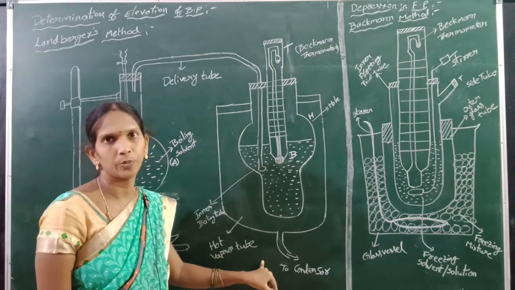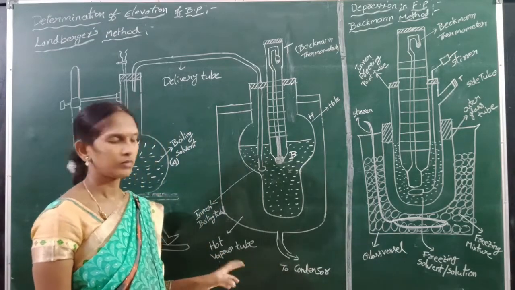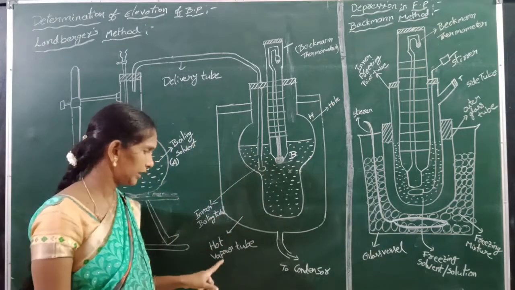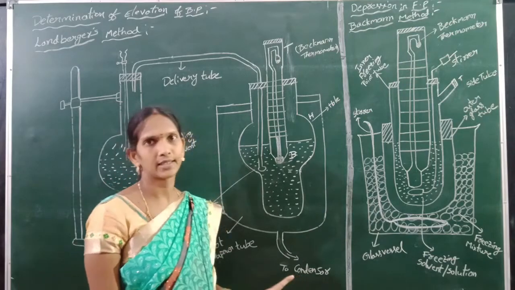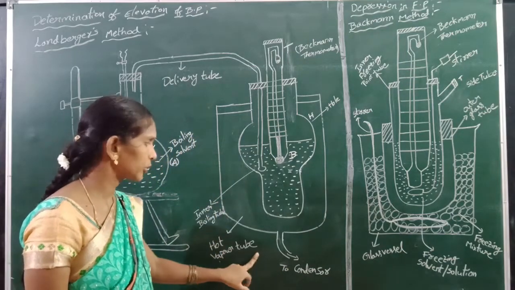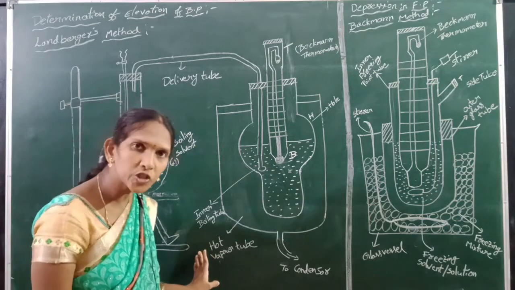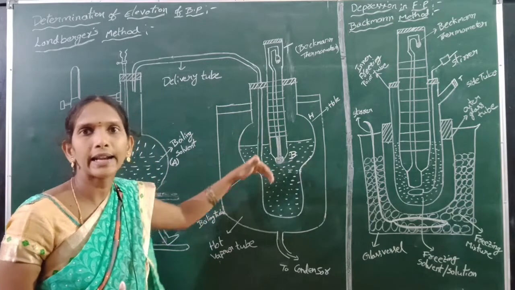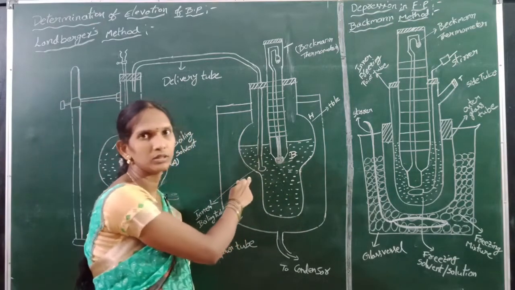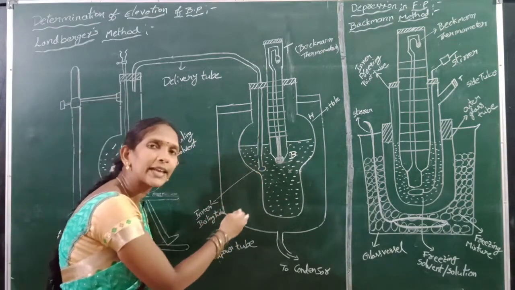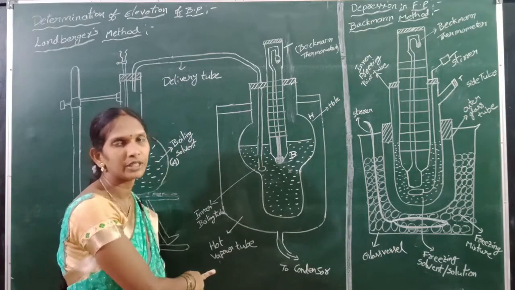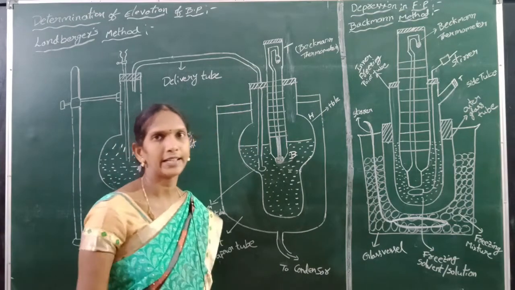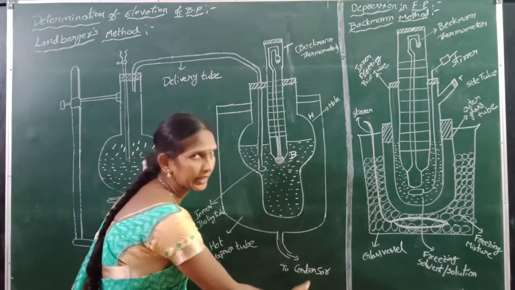These vapors can be converted into liquid in this tube with the help of a condenser, to which it is connected.